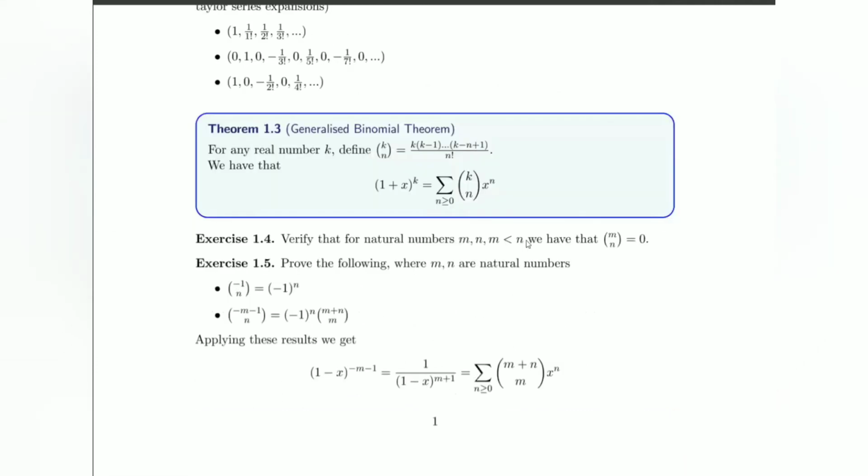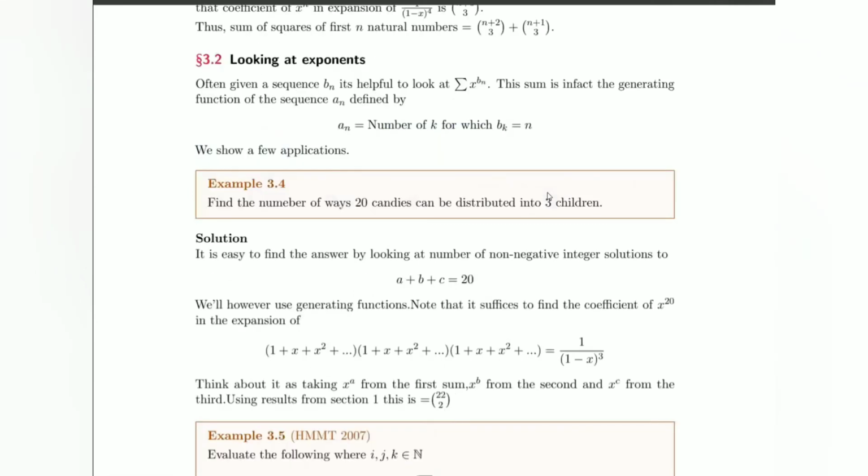We have the sum equal to x to the power i upon (1 minus x) to the power i plus 1, and you multiply by x to the power i, multiply by x to the power 2i upon (1 minus x) to the power i plus 1.